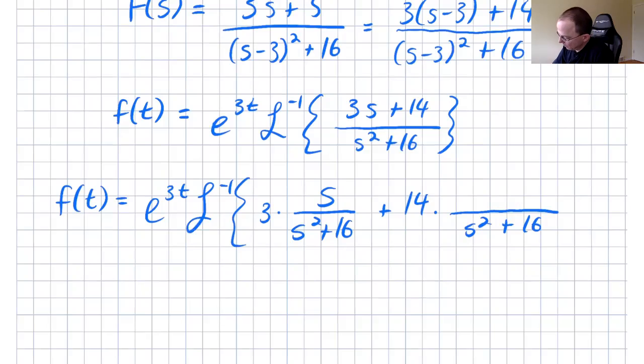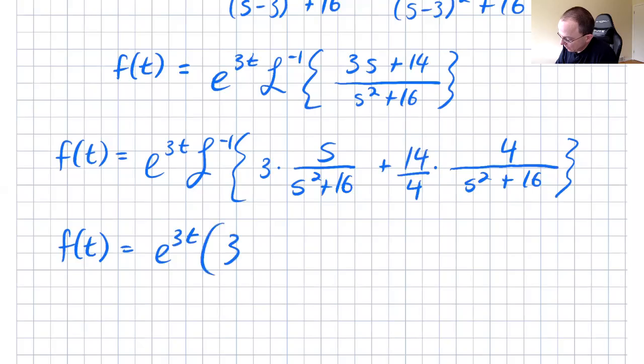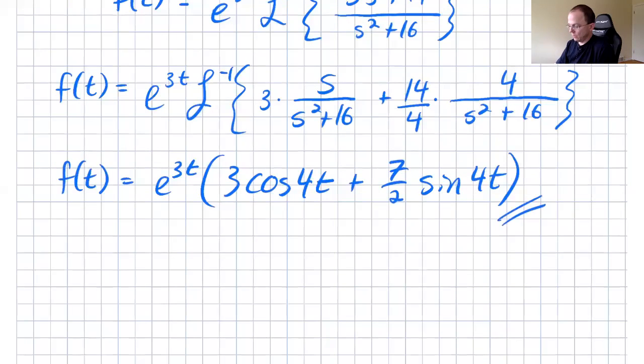So that's what we need up here in the numerator, and that means we have to divide by 4 here to make it equal. And then we get e to the 3t times 3 cosine 4t plus, and I'll simplify that, 7 over 2 times sine 4t. Okay, so there it is.